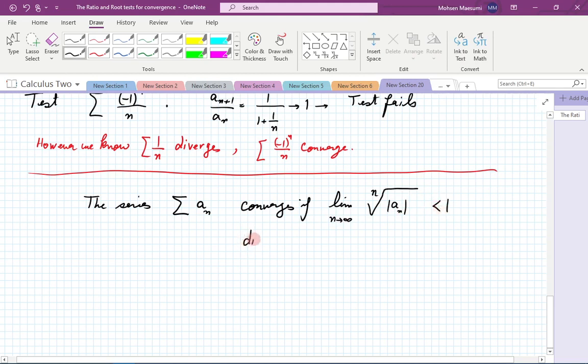We will know it diverges if the same limit becomes larger than 1. And again, the test fails.